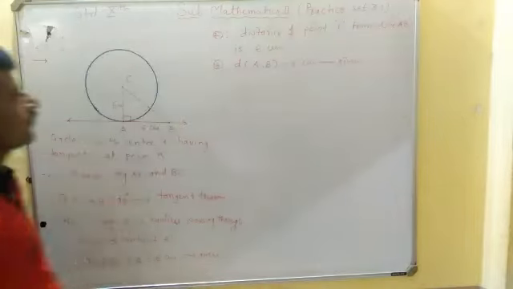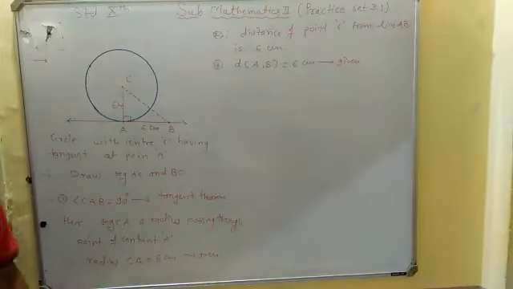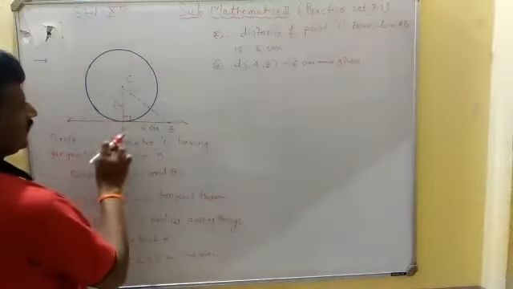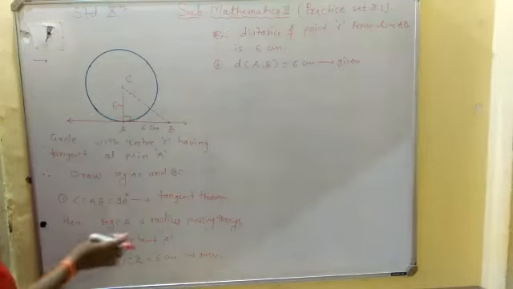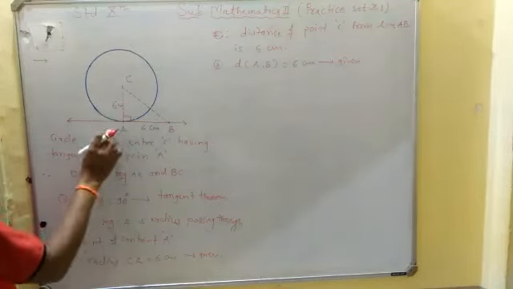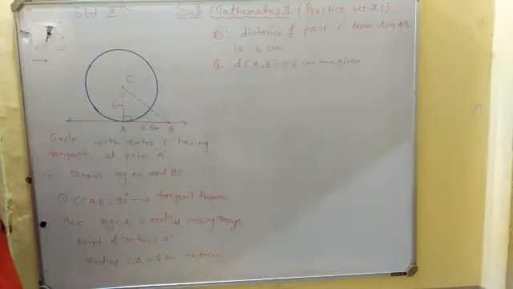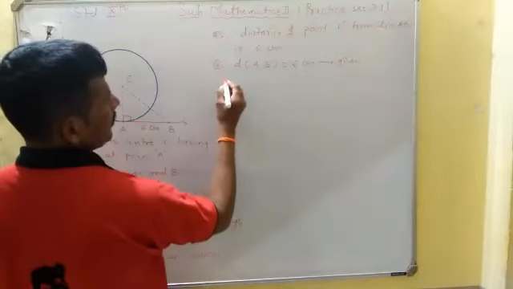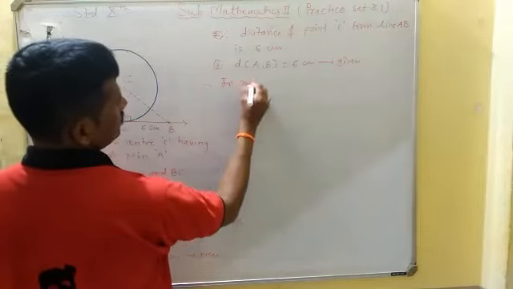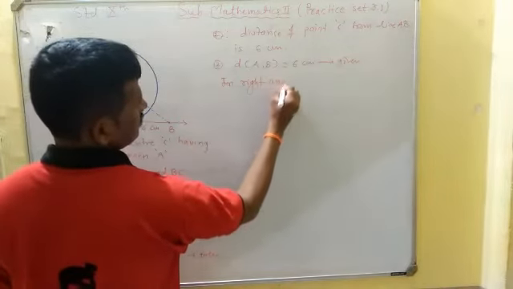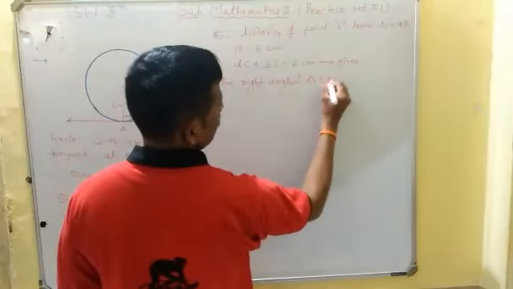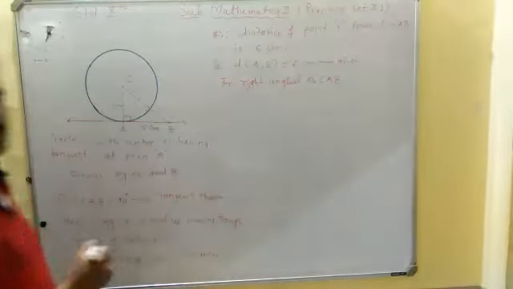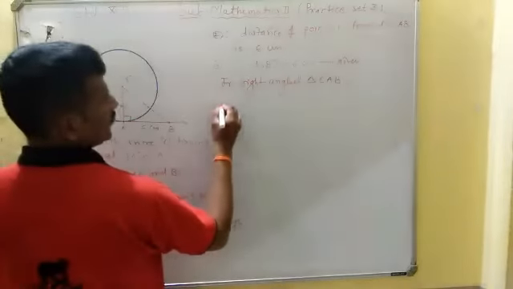Okay. And to find the distance BC, how to find it? Look here. Distance AB is given as 6 centimeter and we know the radius CA is 6 centimeter. Here we get triangle CAB is a right angle triangle. Therefore, in right angle triangle CAB, we apply the Pythagoras theorem.